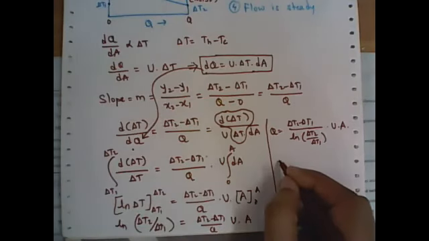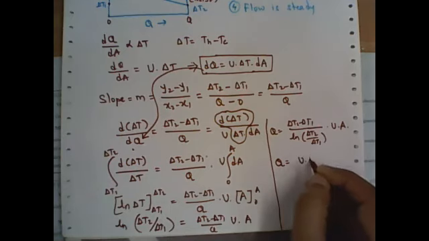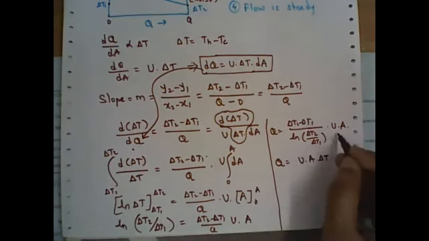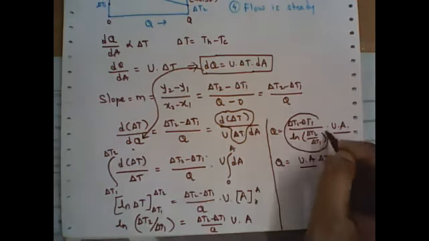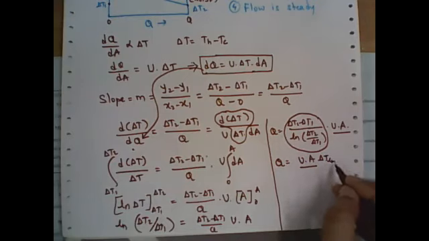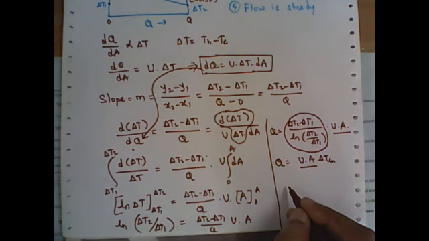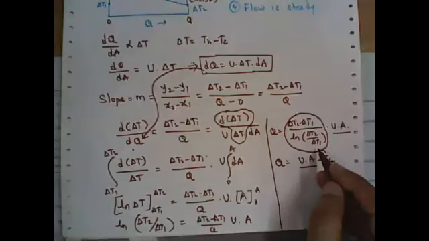Now we know that in the general equation, Q equal to UA delta T. In this case also we have UA, but this ratio is nothing but delta TLM. This new terminology, delta TLM, the log mean temperature difference, is the ratio of the difference in temperature differences to the log ratio of those temperature differences.